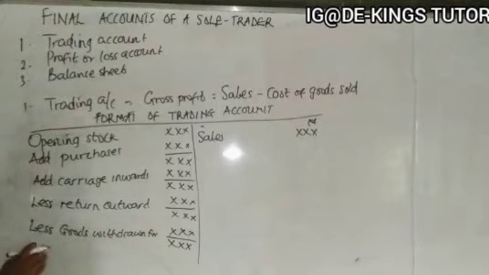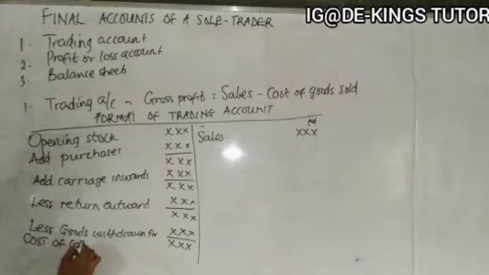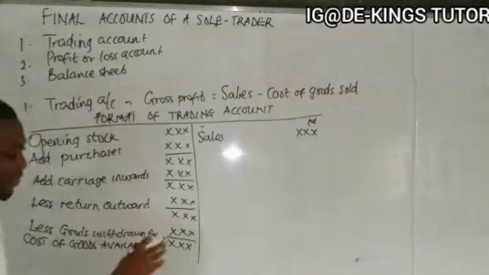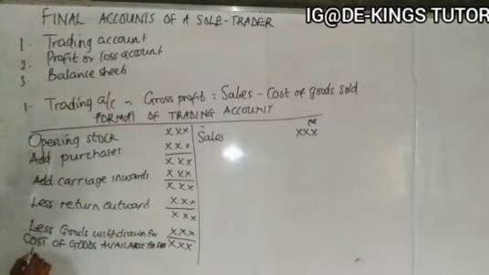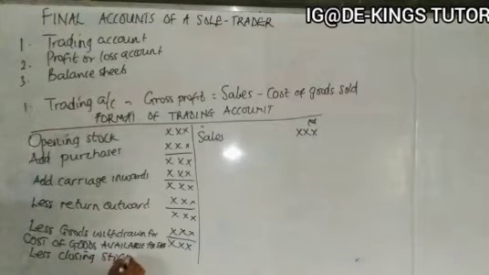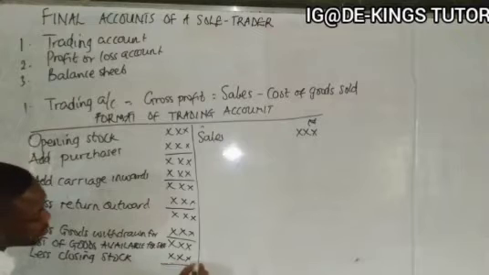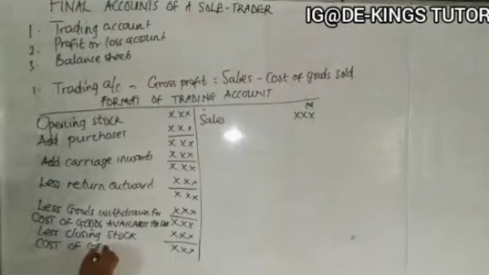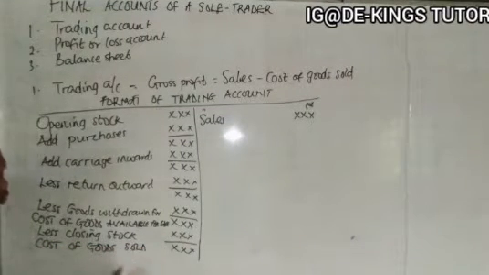Now, whatever you have here is what we call cost of goods available for sale. The cost of goods that is available for sale. Now, when you less closing stock, what you have here is what we now call cost of goods sold.